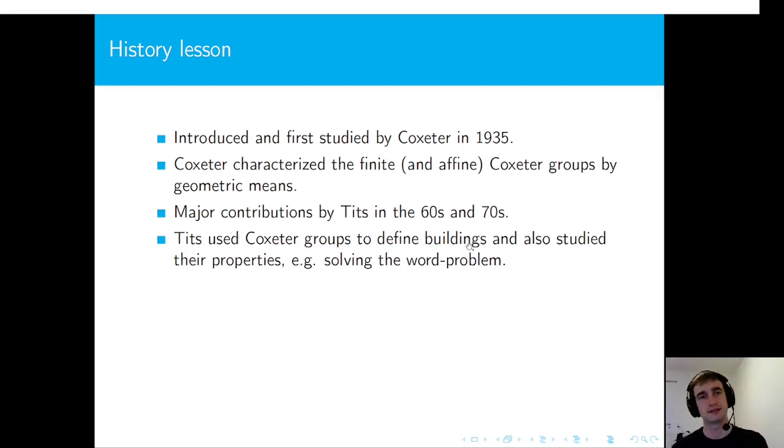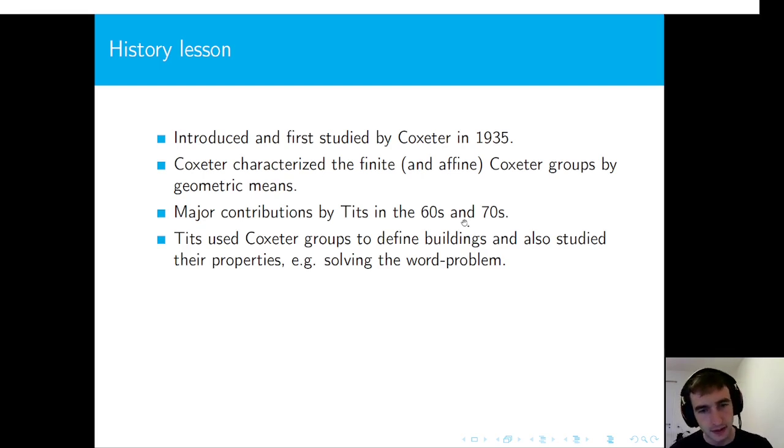If you don't know what that is, these are very beautiful geometric spaces that can be used for various things. I think they have been used to study certain Lie groups as well. But these are very, very beautiful geometric spaces with combinatorial properties and everything. So it's very important.